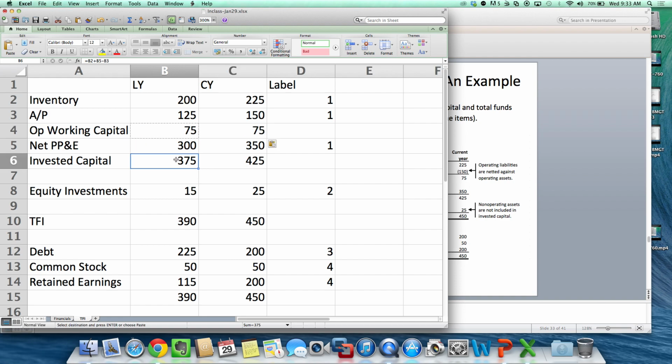Then invested capital equals operating working capital plus PP&E. Gets the same answer, but they do put in this notion of working capital. That's the answer that they actually have in the book. Now, this again is more important after we get past the midterm.